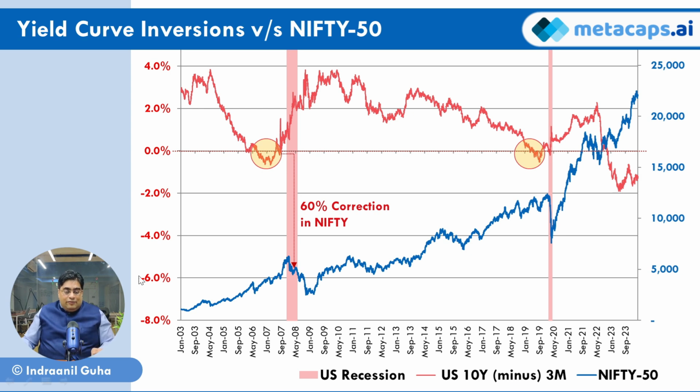In fact, the top of the Nifty at the beginning of 2008 almost exactly tied up with the start of the recession in the US. So the onset of a recession and the stock market peak in India coincided almost exactly. That's the kind of bearing that a recession in the US has on our markets.